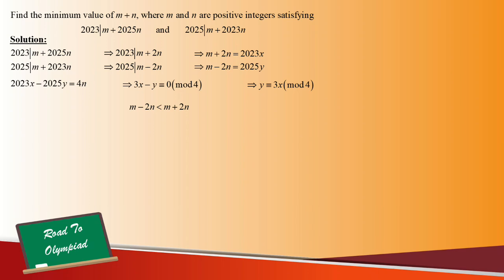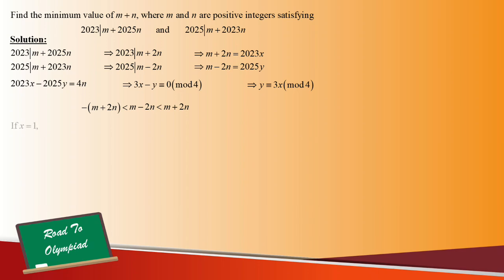Also, m minus 2n must be greater than negative m minus 2n for the same reason, which is the negative of m plus 2n. With this, we can slowly work out the values of m and n that satisfy the given conditions.